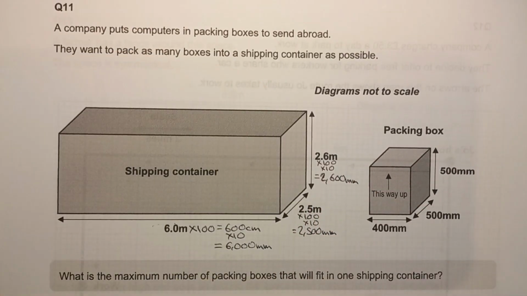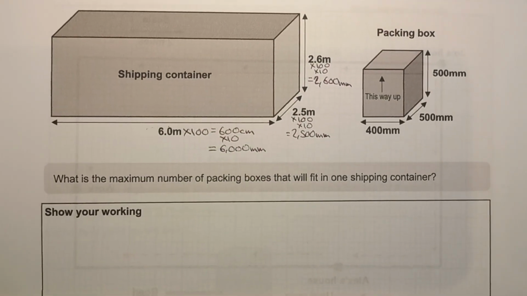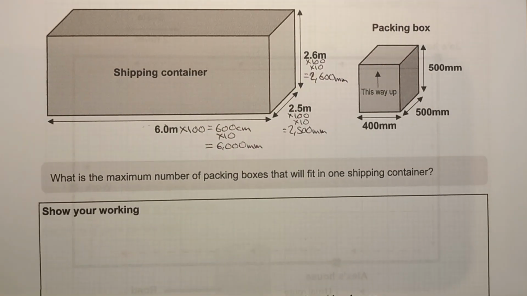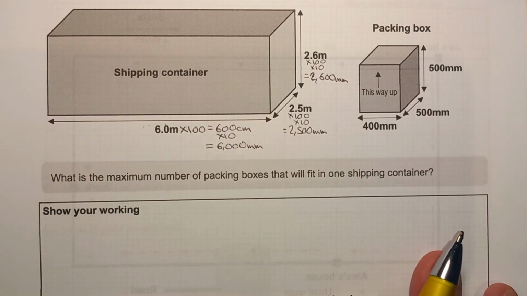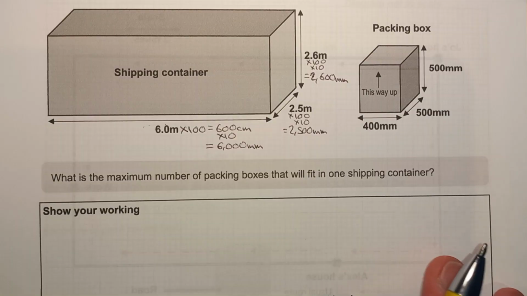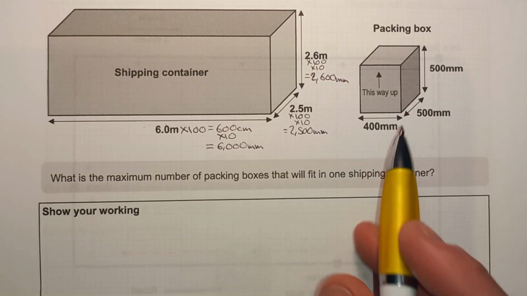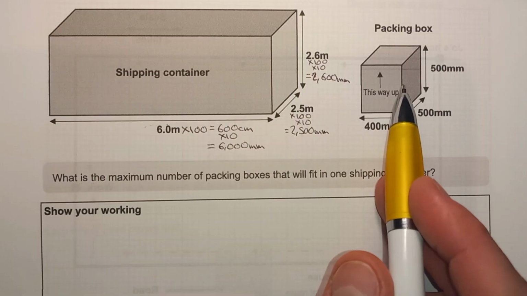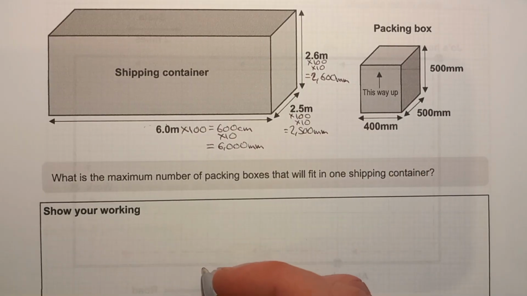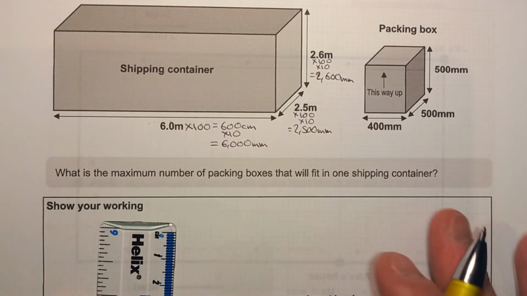Okay, right, so you might be thinking, this is a volume question, work out the volume of this and the volume of that. That's not necessarily going to work. It might work, but there's a chance it won't, because this box needs to be this way up. It's got to stay in that position. So instead, I'm going to think of this shipping container.